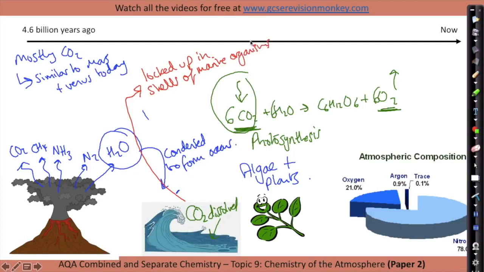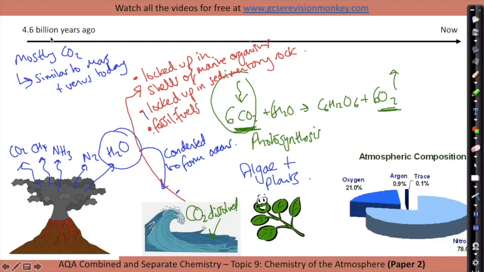So marine organisms that had calcium carbonate shells, for example, used that carbon dioxide and it was locked up. It's locked up in sedimentary rock, and it became locked up eventually, after several millions of years, in fossil fuels because of the fact that it was locked up in those carbonate shells of the marine organisms.